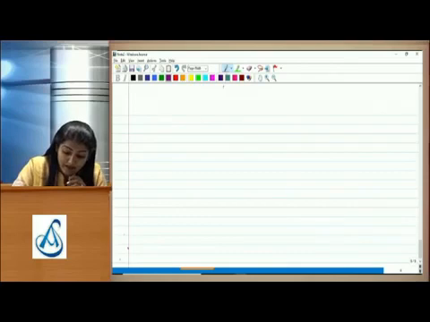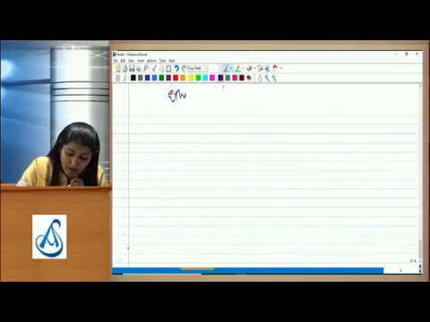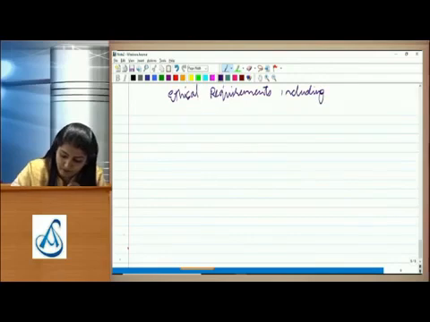What are the other requirements of SA 200? One, it says auditor, you need to comply with certain ethical requirements including independence.